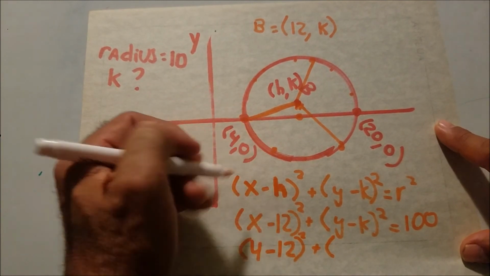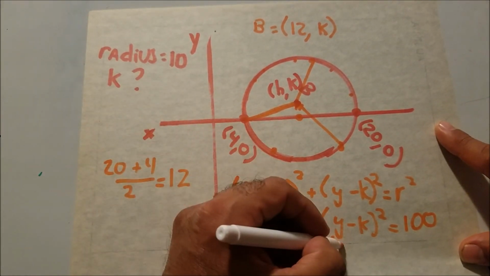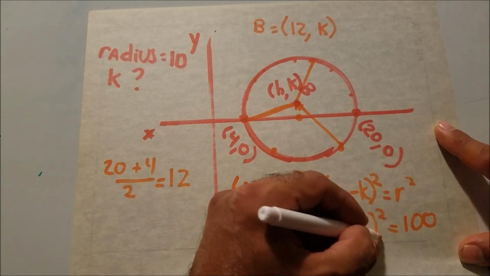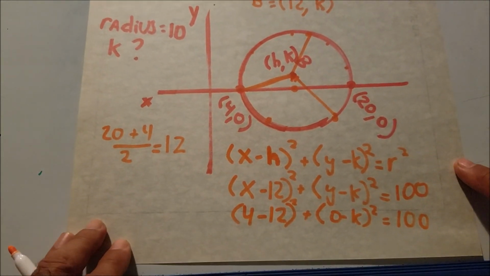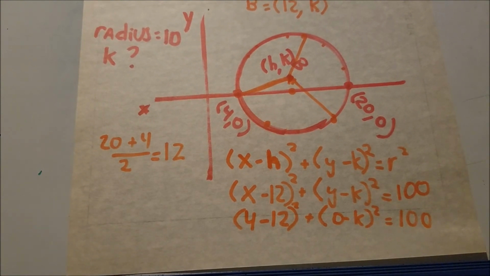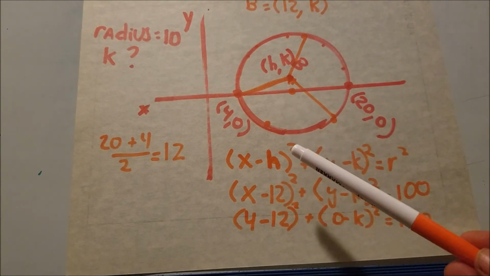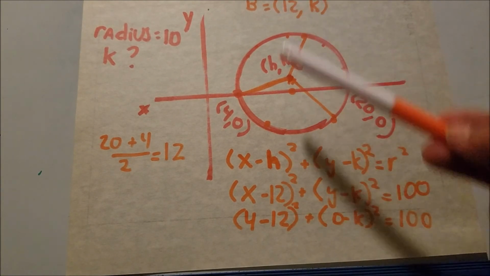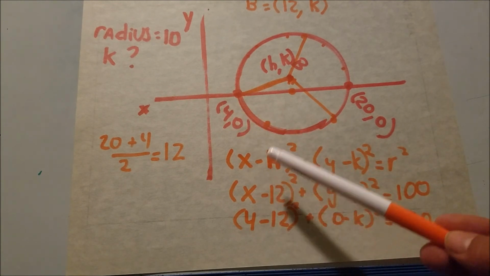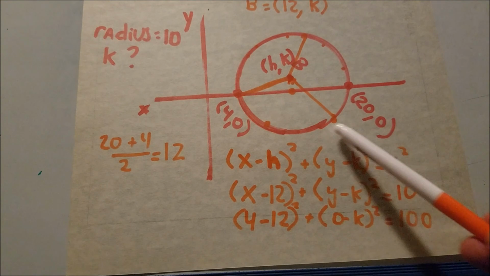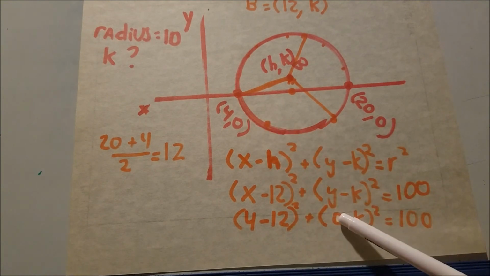We have a 0. 0 minus k squared equals 100. So again, all you're doing is you have the formula. You plug in what you have. We have a 12 for an x. And we also have a 4 for an x. And we have a 0 for a y. Now we're trying to find the other y.